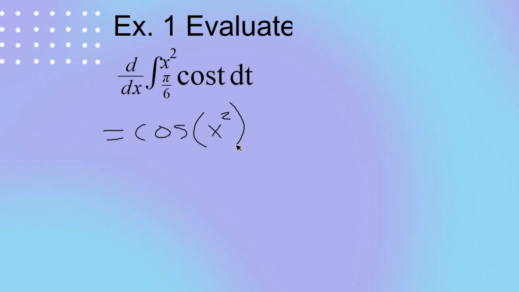But notice that now on top, since I don't just have an x, I have to plug in the x squared, and then we also have to multiply by the derivative of that. So the derivative of x squared is 2x. So we get 2x cosine of x squared. The biggest thing that people forget on this one is to multiply by the derivative of the top bound.